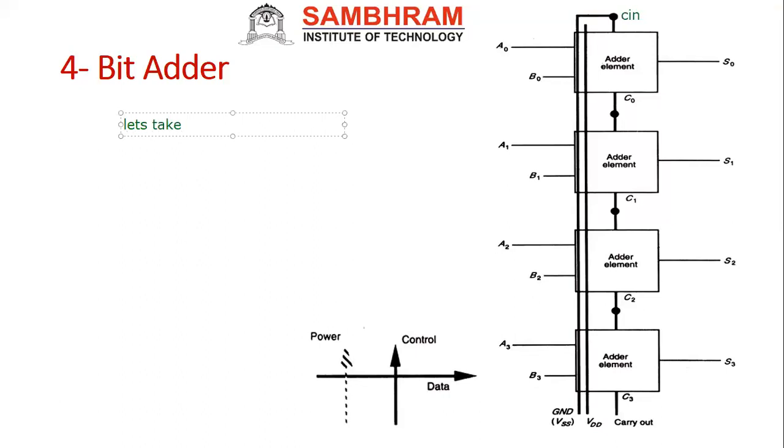Let's take A equal to 1011 and B equal to 1100. Now what I need to do? I need to add, right? So 1011, next B is 1100.